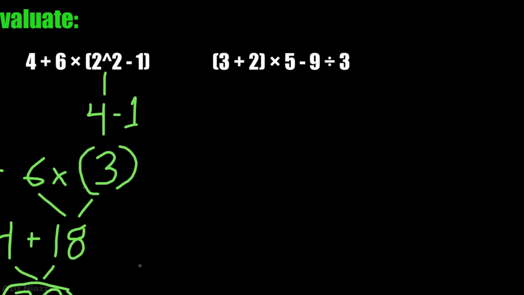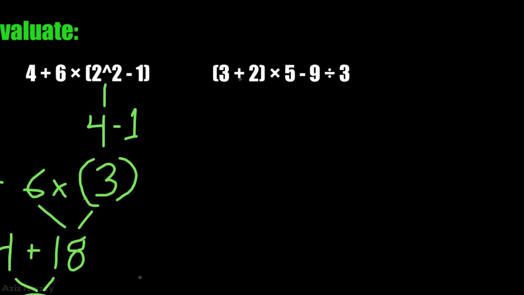Now let's move on to the next example, which is (3 plus 2) times 5 minus 9 divided by 3.